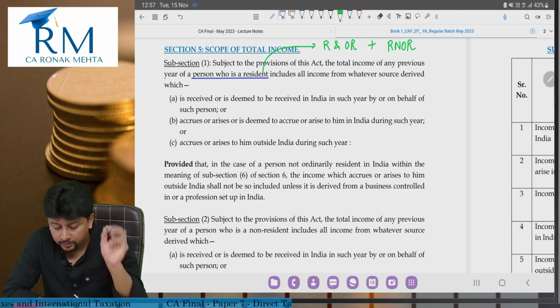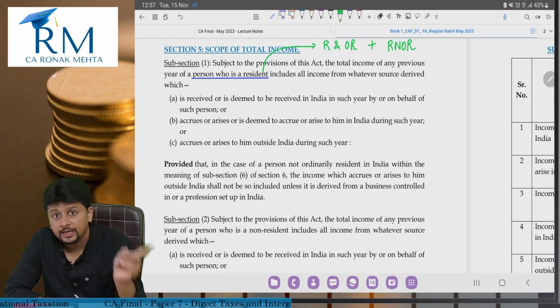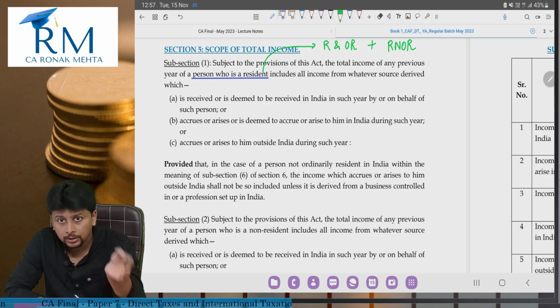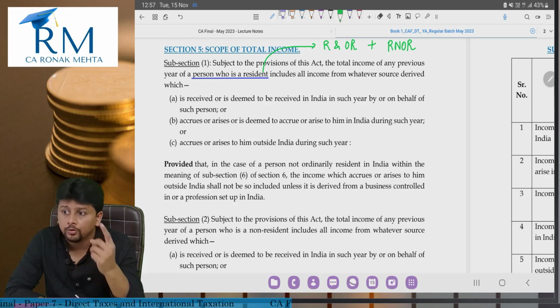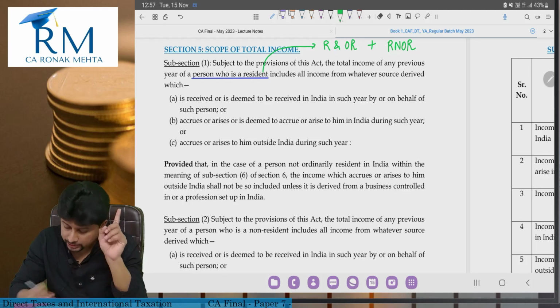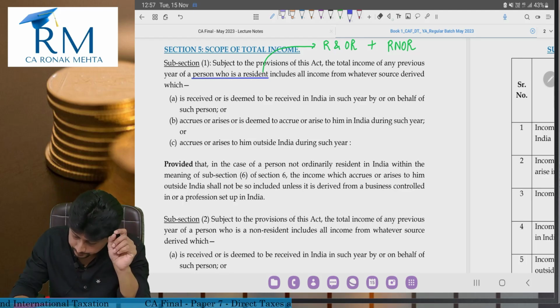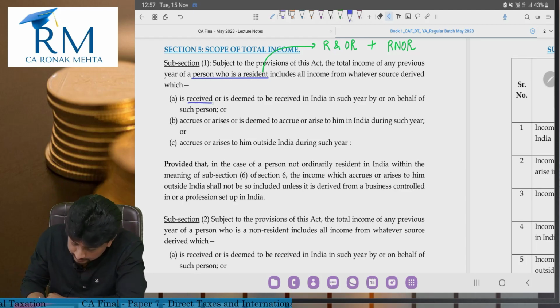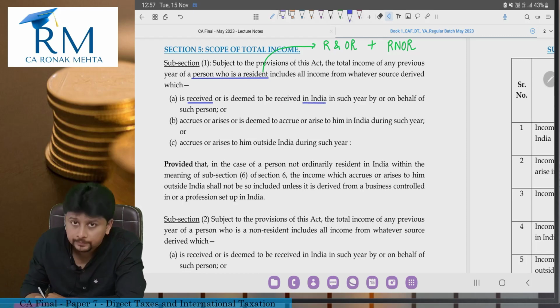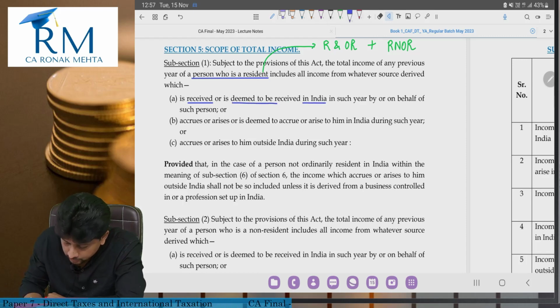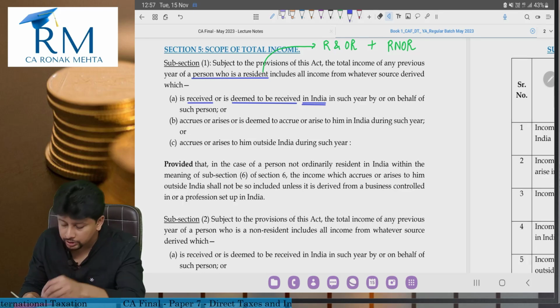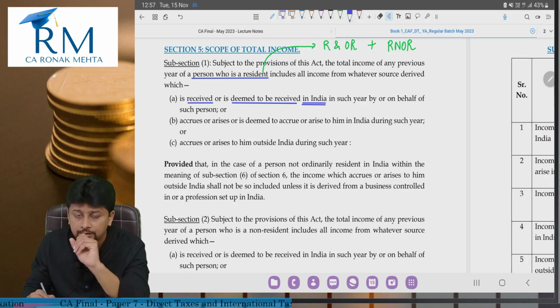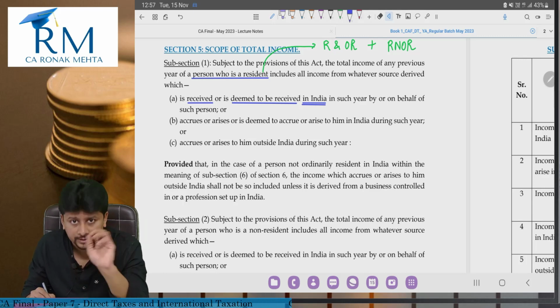The total income of any previous year of a person who is a resident includes all income from whatever source derived which is, number 1, received in India, or deemed to be received in India in such year, meaning in the previous year, by or on behalf of such person.